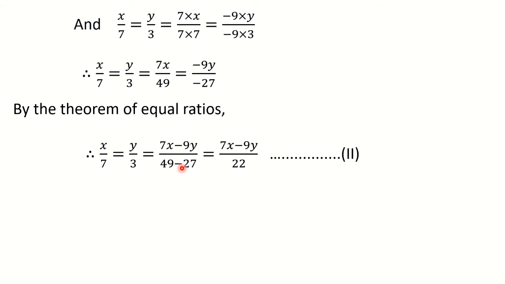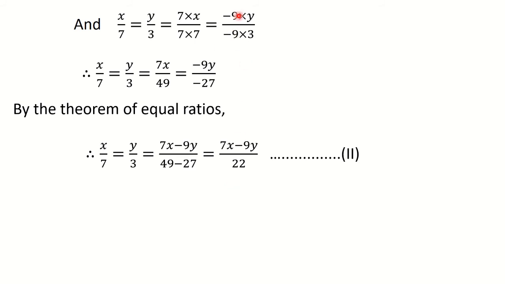If you can't think of multiplying by minus 9 here, and suppose you have multiplied by 9, then also here you can apply the minus sign, no doubt. In the theorem of equal ratios plus is there, but still you can apply the minus sign here because you know that to subtract means to reverse and add. So subtraction is the same as addition, only we have to change the sign.